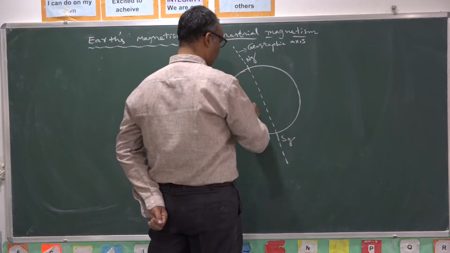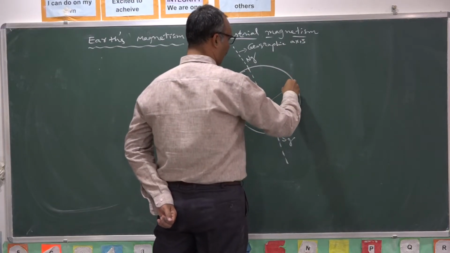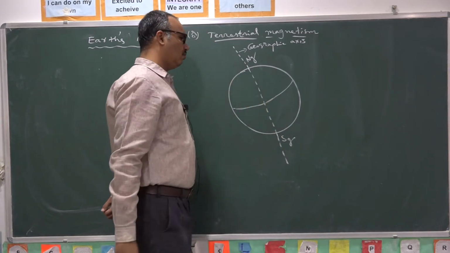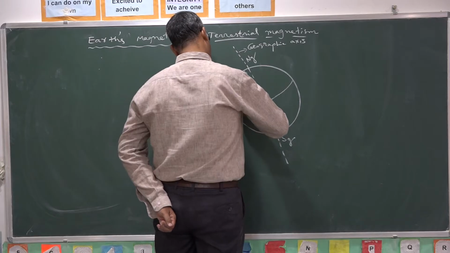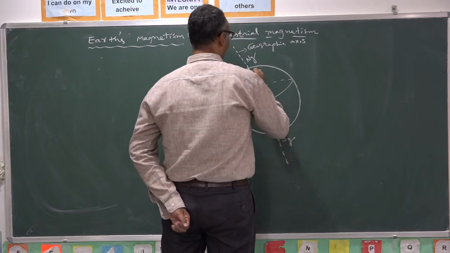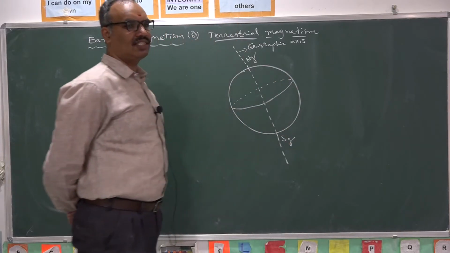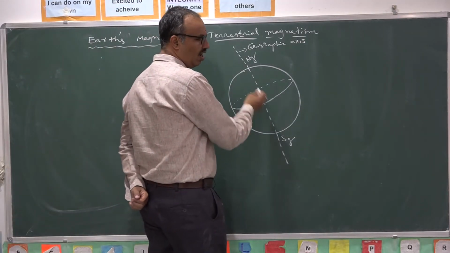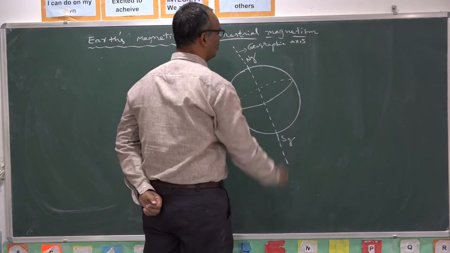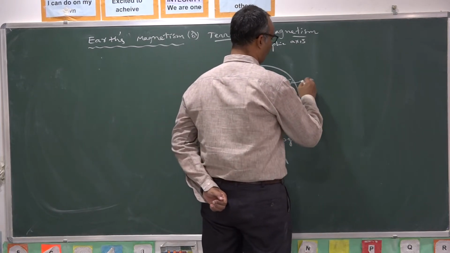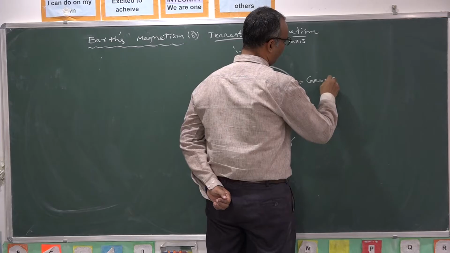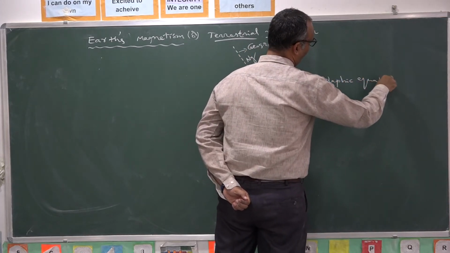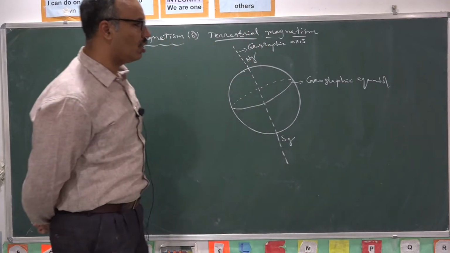If I consider a big circle on the surface of Earth, for which this geographic axis is normal and which is dividing this Earth into two equal halves, such a circle is called geographic equator.